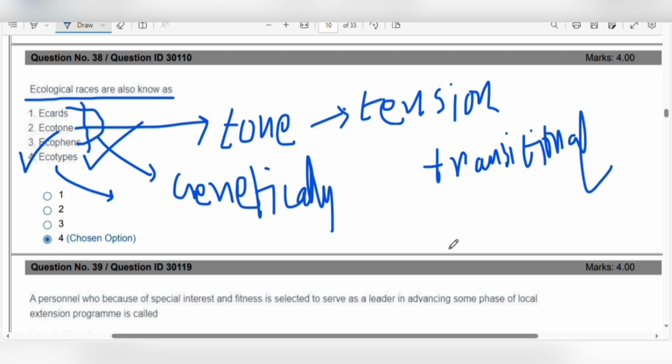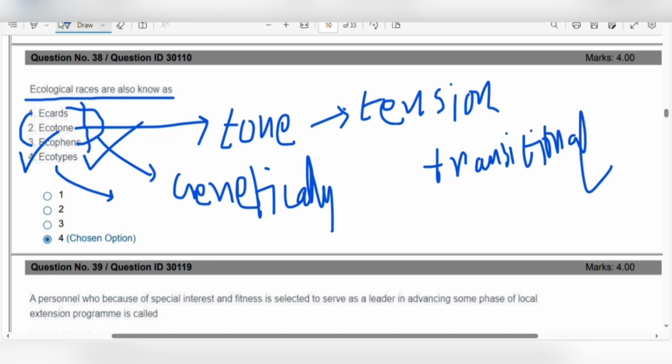These adaptations result in phenotypic changes without any genotypic change. It will just be a phenotypic change in character, and it is called ecophene or ecad. These both are the same. So what is the difference between ecophene and ecotype? Ecotype is genetically different, and ecophene is not genetically different but somewhat different due to environmentally induced adaptations.